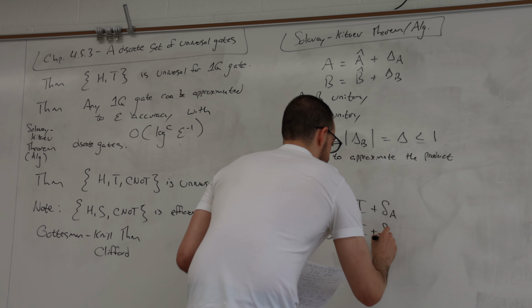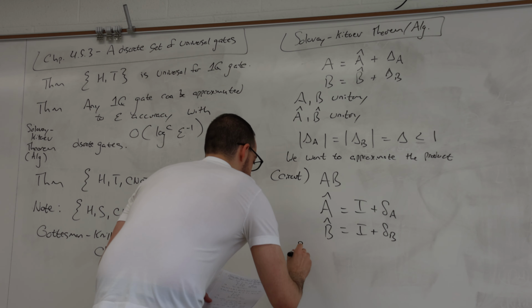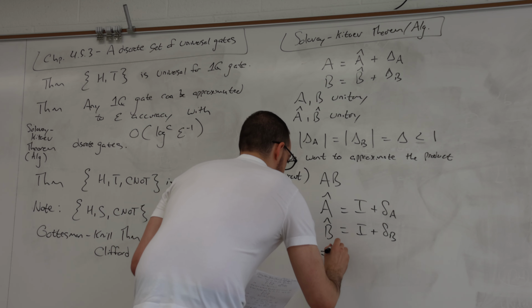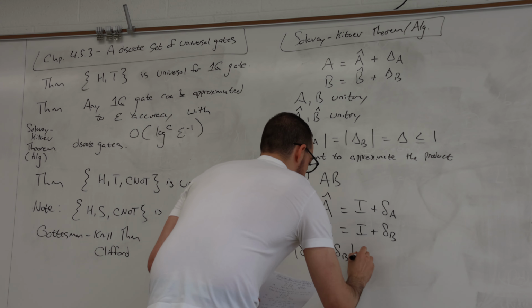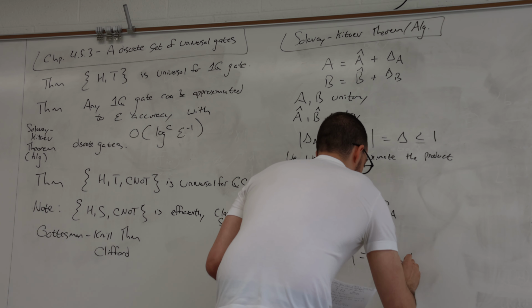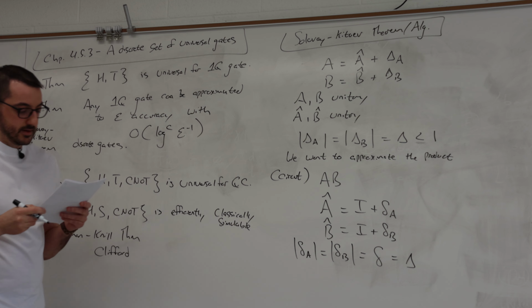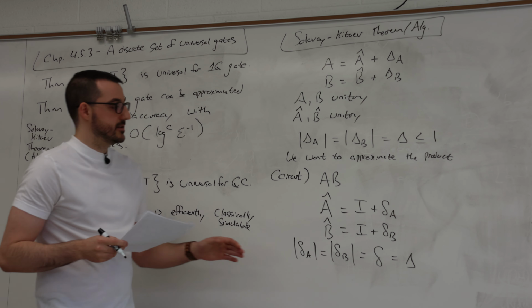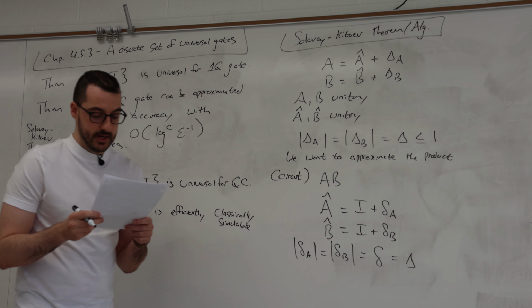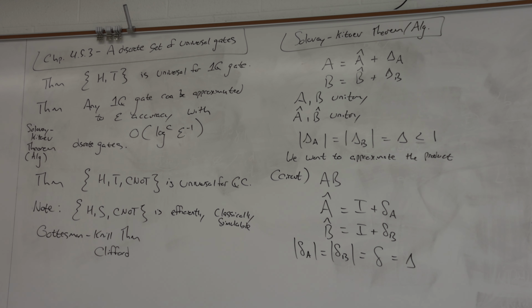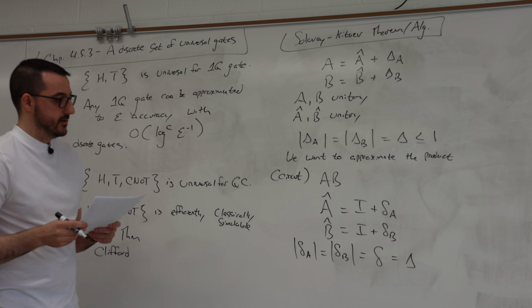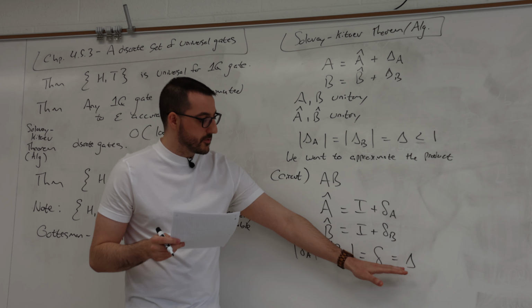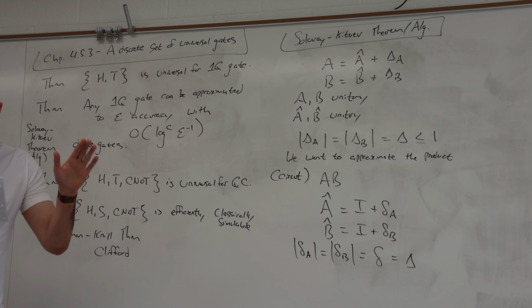B hat will be I plus delta B, where again, these delta A and delta B are to order delta, and we're going to set this to be equal to delta as well. At least for the discussion. When you actually implement it, you'll find it doesn't go by the square, it actually goes by the power 3/2. So I'll mention this at the end.